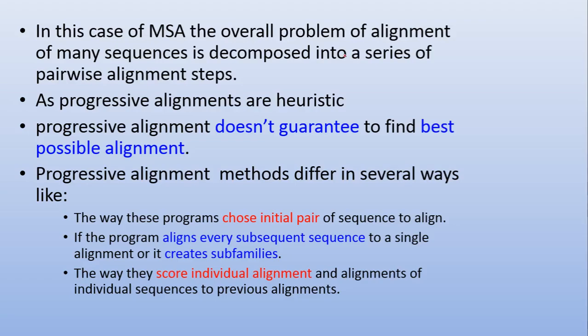Now, since these progressive strategies are heuristic in nature, and heuristic algorithms don't guarantee to find the best possible alignment, or what we call the optimal alignment, they would offer you multiple solutions, and it would be completely dependent on you which solution you prefer. So progressive alignment doesn't guarantee to find the best possible alignment.